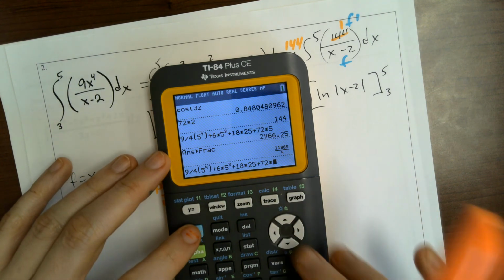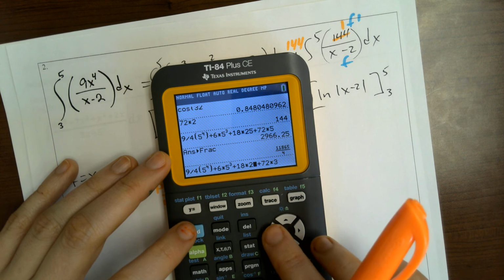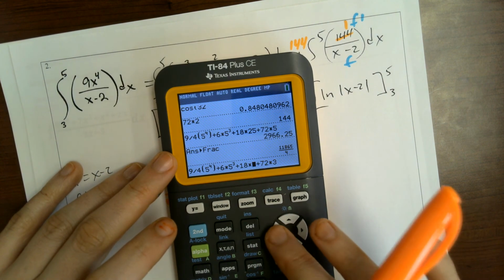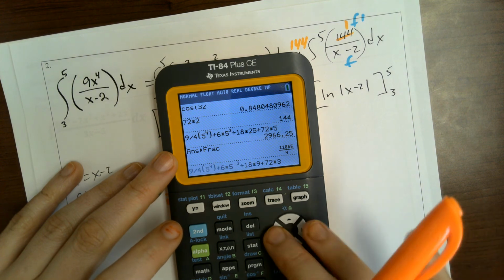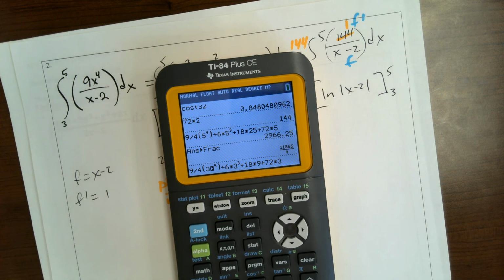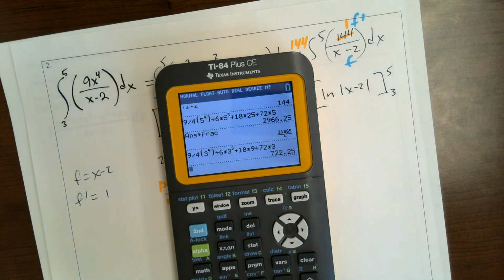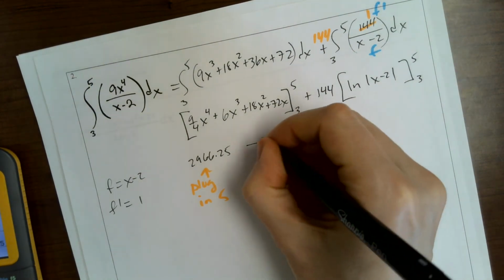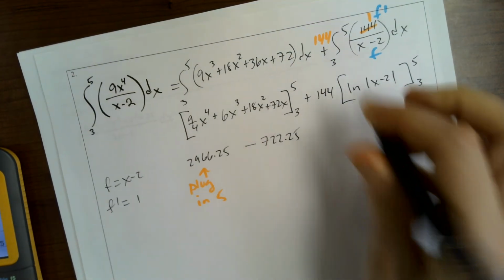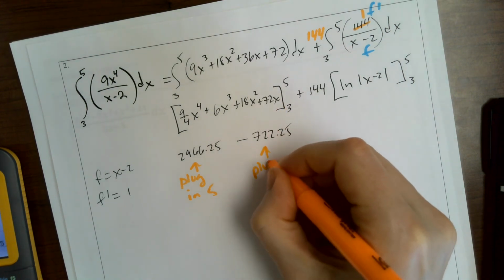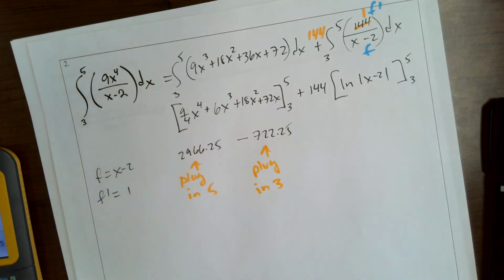That's going to be 72 times 3, 18 times 9, 3 to the third, and then 3 to the fourth. All right, 722.25. Just for our notes, I'll say plug in 3.